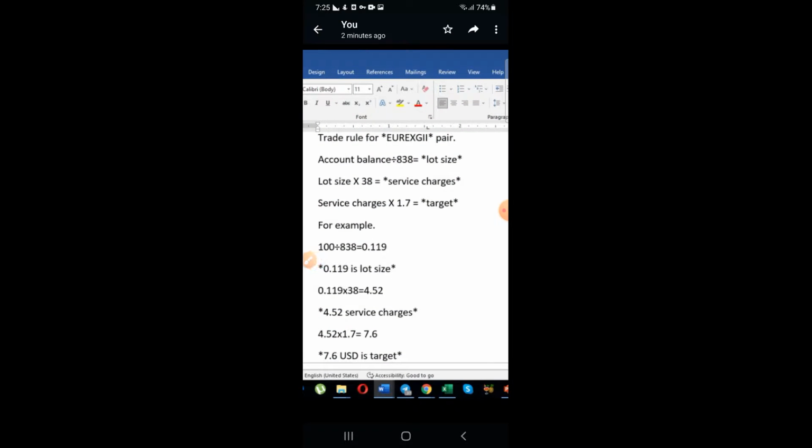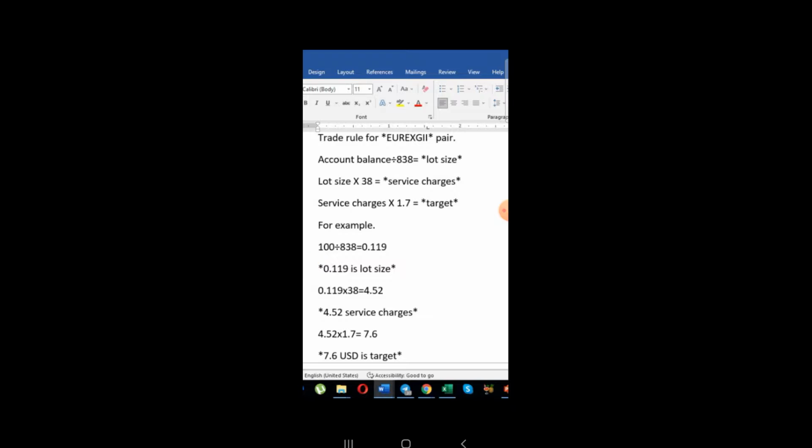Now see your next step. Here is an example. For example, your account balance is $100, divided by 838. That gives 0.1 as your lot size. 0.1 multiplied by 38, as you will see here, gives 4.5 as the broker fee, and this 4.5 multiplied by 1.7 gives your target of 7.6.